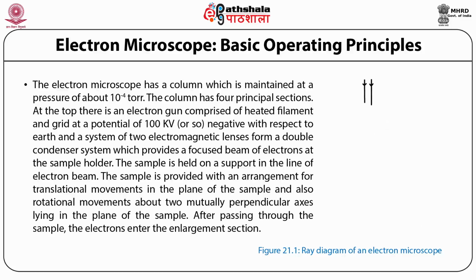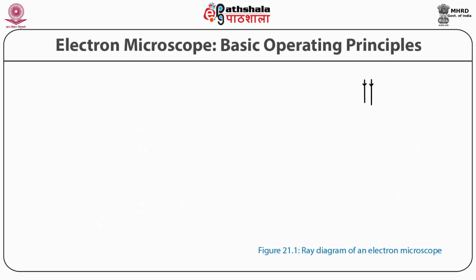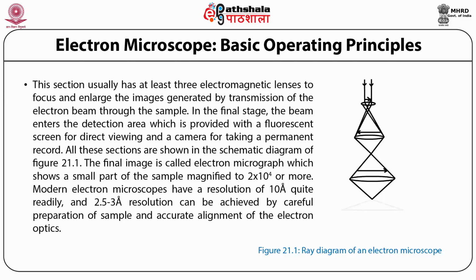After passing through the sample, the electrons enter the enlargement section. This section usually has at least three electromagnetic lenses to focus and enlarge the images generated by transmission of the electron beam through the sample.